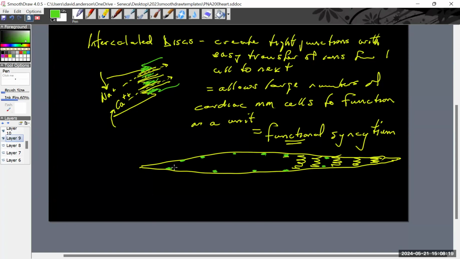So during the embryological development of a skeletal muscle cell, maybe 50, 60, 70, as many as 100 individual cells blended together to create one large cell. That would be describing a structural syncytium, because now it's all a single unit.